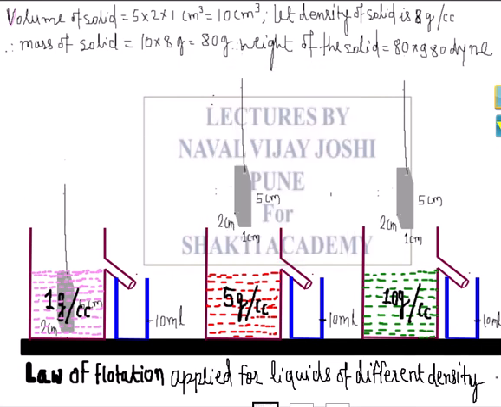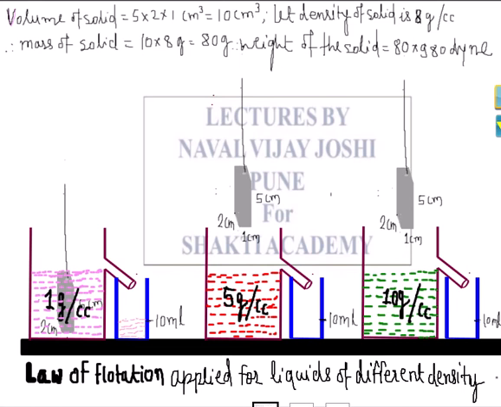See, in the Eureka pot animation we have seen that when we immerse the solid inside the Eureka pot, which is filled till the spout, liquid would come out from the spout and it got deposited in the measuring cylinder we have shown.